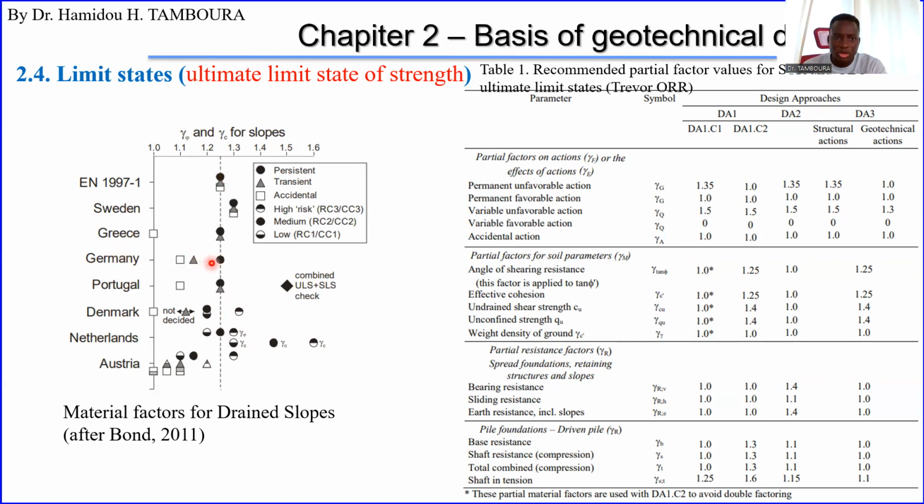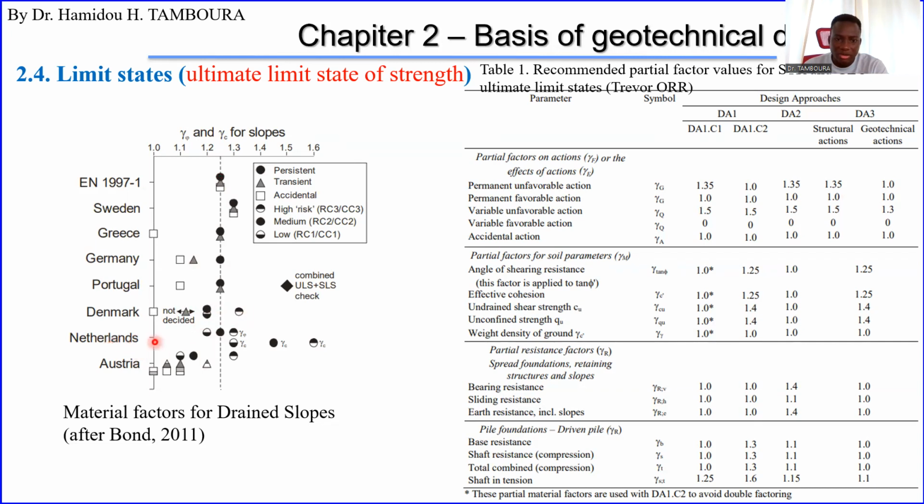In Germany, for example, they are using 1.1 for accidental and maybe 1.15 for this transient one. In Portugal, we have this. In Denmark, we have this.